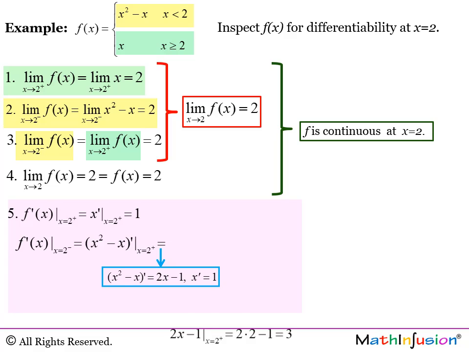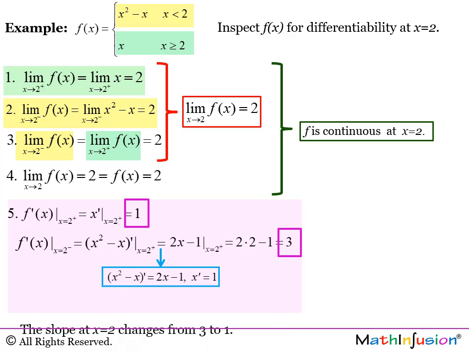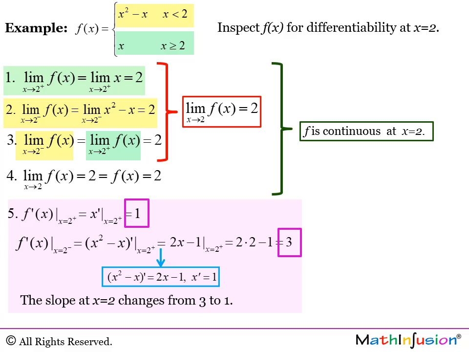Now we substitute 2, and we get that the derivative from the left is 3. Definitely 1 is not 3. It means that the slope at x equals 2 changes from 3 to 1. We're definitely getting a corner here, and we conclude that the function is not differentiable at x equals 2.